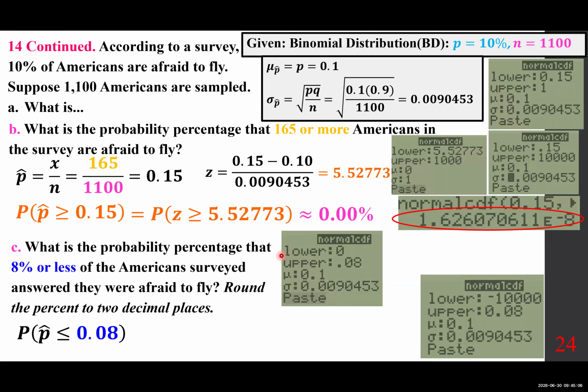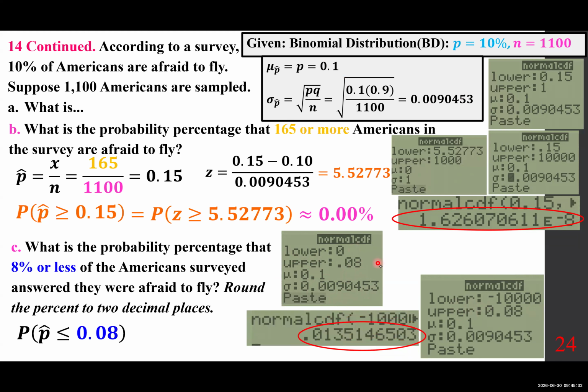The reason you can use 0, or you can use minus 100 or 1000, is because we are dealing with a proportion. Upper is 0.08, mu is 0.1, and sigma is 0.009045. I'm using that information, of course. Or you can go with normal CDF and use minus, I don't know, 10,000 or 1,000. Okay, it doesn't make any difference.